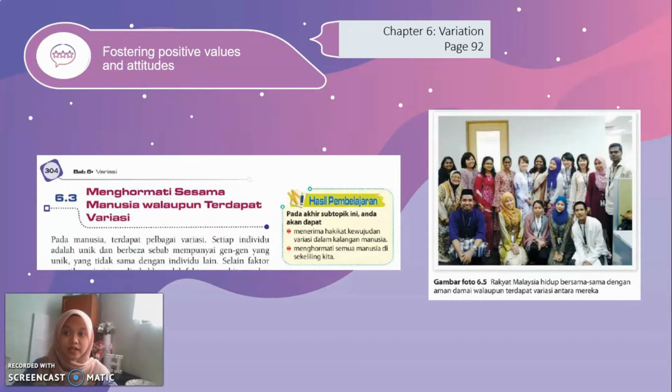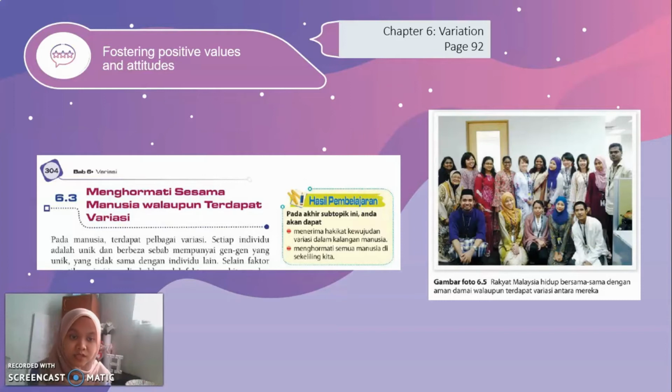The last one is fostering positive value and attitude. In chapter 6, Variation, page 92, there is a subtopic titled Respect One Another Even Though There Are Variations. The textbook also includes a photo which shows a lesson of people living together peacefully even though there are variations among them.